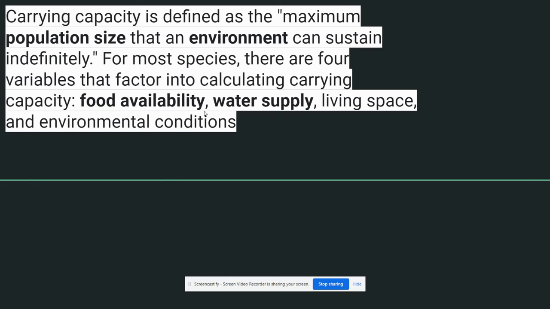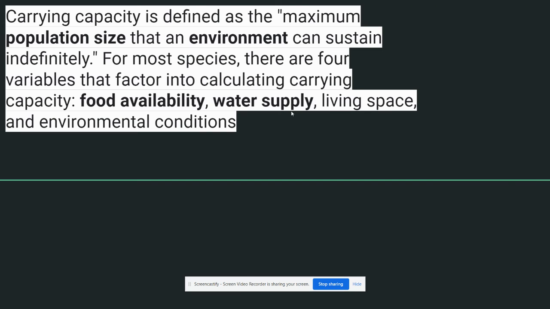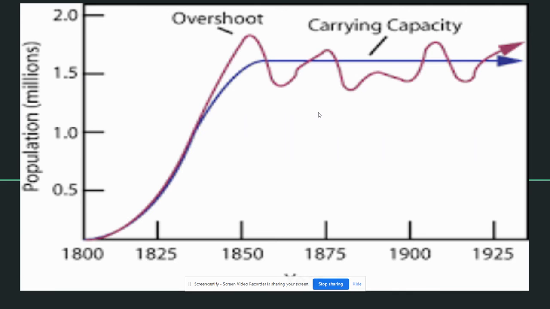So let's say in this environment we suddenly have tons more food available, which allows for a larger population size, so our carrying capacity can change. Weather conditions, water: if you change these variables, you can change the carrying capacity.